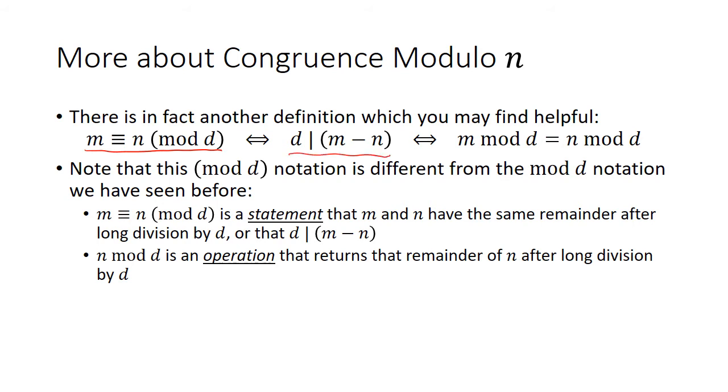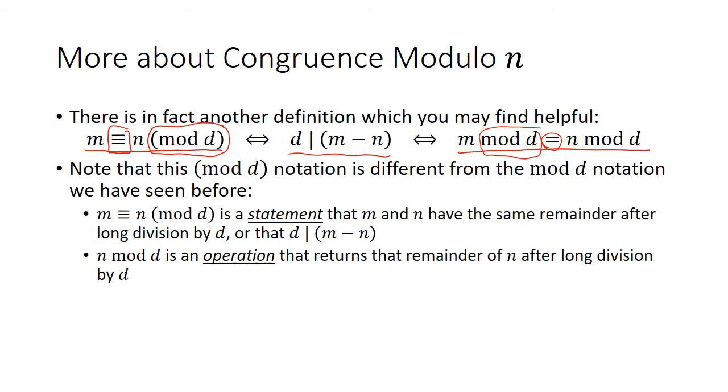Another way you can check that is if you just check that m mod d equals n mod d. You have to be a little bit careful here, because I'm using two different notations that both say mod d. You need to distinguish this one in parentheses with this little three-bar equivalence symbol from this mod d over here without parentheses, which just has a regular equal sign.